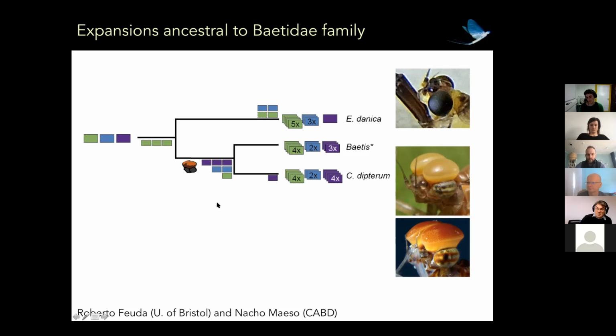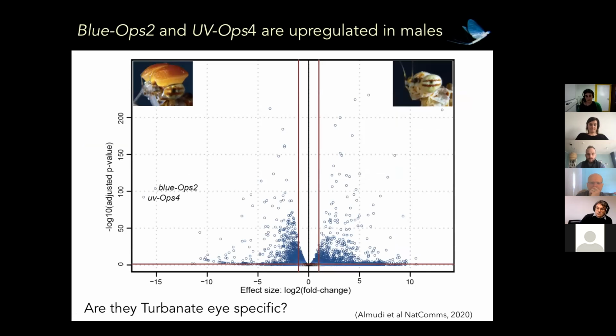So one easy way to test that, and because we had transcriptomic data from males and females, the first thing we did was to check the differentially expressed genes between males and females, as females don't have turbanate eyes.